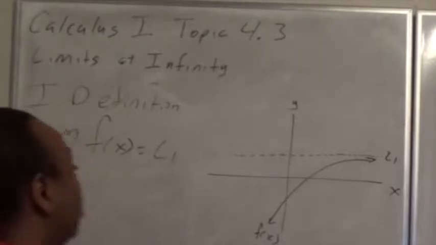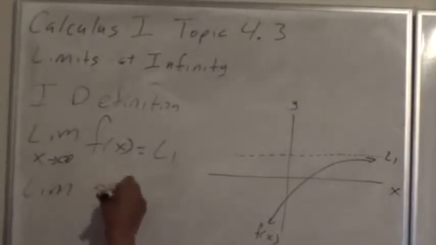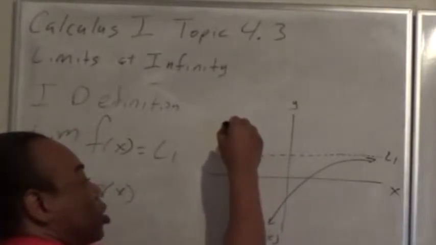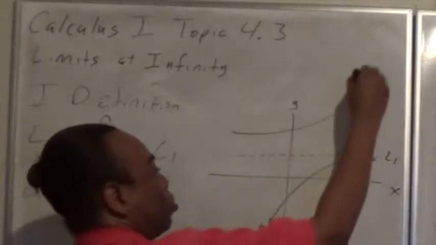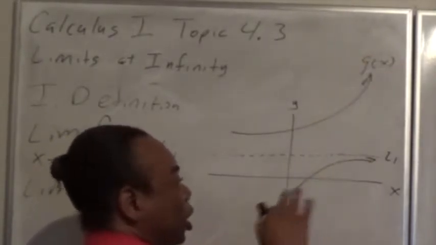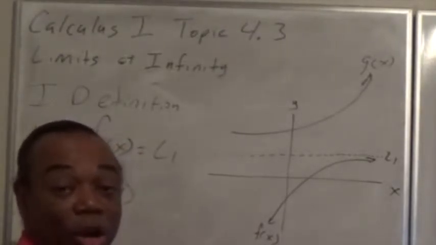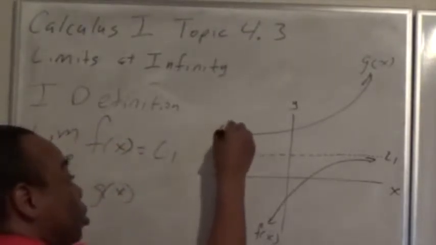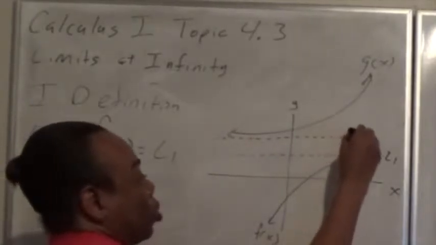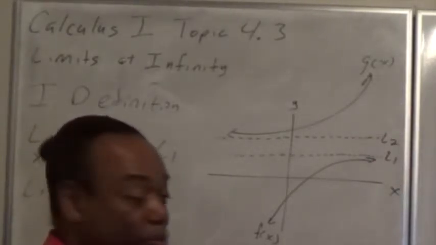Let's take another scenario. Let's take a second function, g of x, and let's say g of x does this. Let's say to the right it takes off, but let's look at g of x as it travels to the left side. It gets closer and closer to a horizontal asymptote, and let's say that's L2.